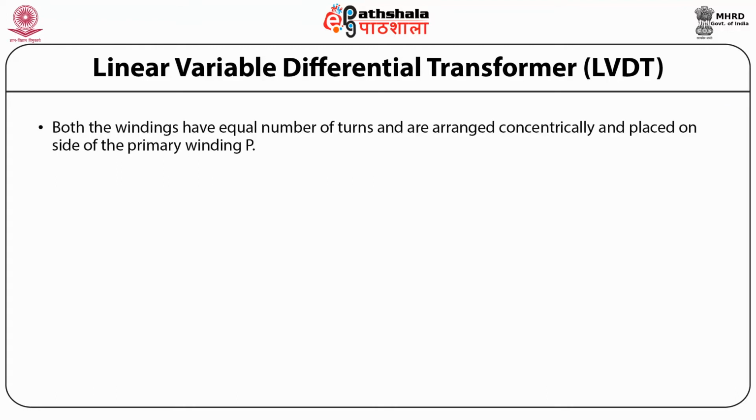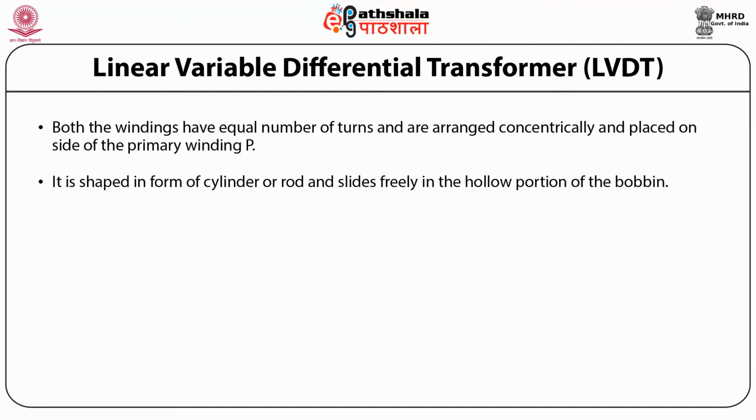Both secondary windings have an equal number of turns and are arranged concentrically, placed on either side of the primary winding P. Attached to the sensing element is a soft iron core whose displacement is to be measured. It is shaped in the form of a cylinder or rod and slides freely in the hollow portion of the bobbin.